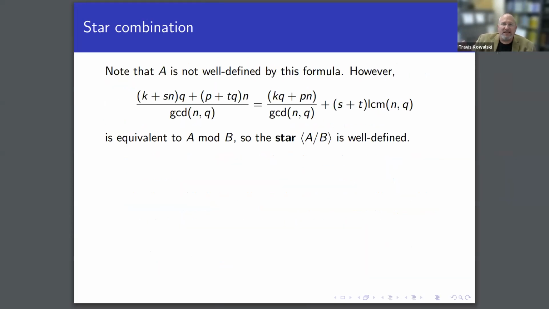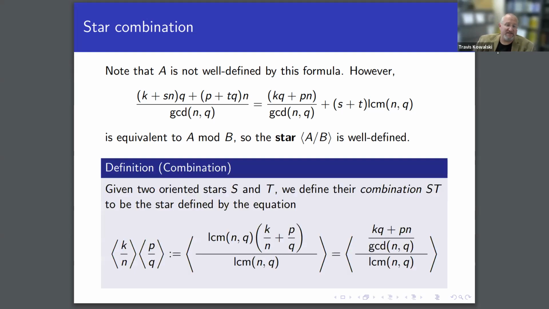However, if I replace k by any other number that's equivalent to k mod n, and I replace p by any number that's equivalent to p mod q, and plug those into the formula, the result differs from the original value by a multiple of the least common multiple of n and q. It's a long way of saying that while a is ill-defined, the star a over b is not. It's well-defined. And so we're going to use that as a definition.